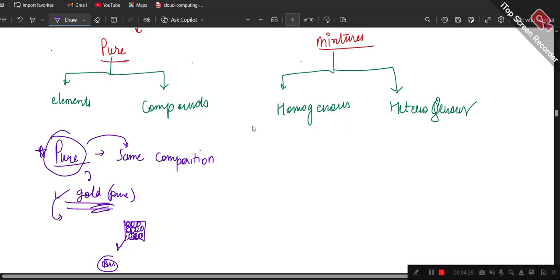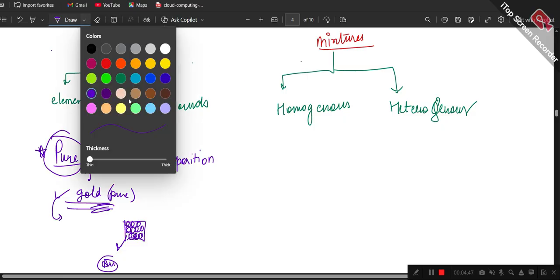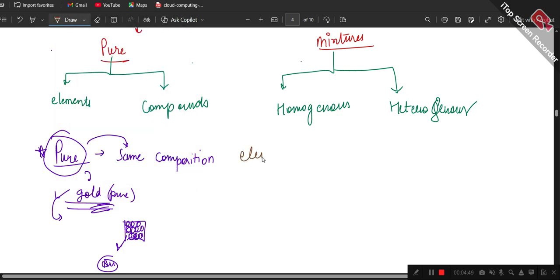Now, the pure substances are further classified as elements and compounds. Elements are the ones which are made up of only one type of atom, only one type of participating particle.